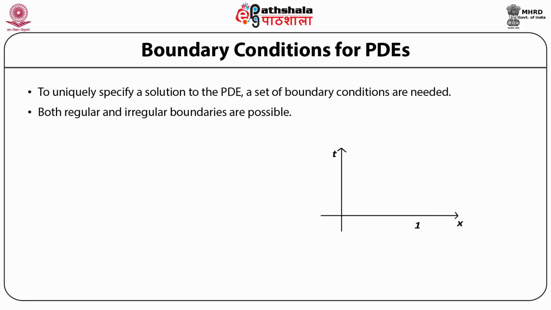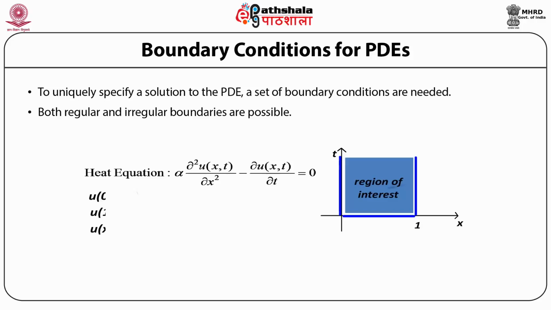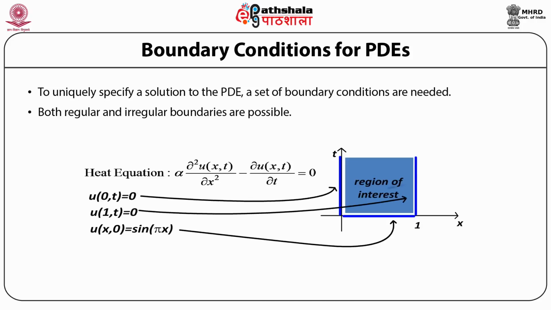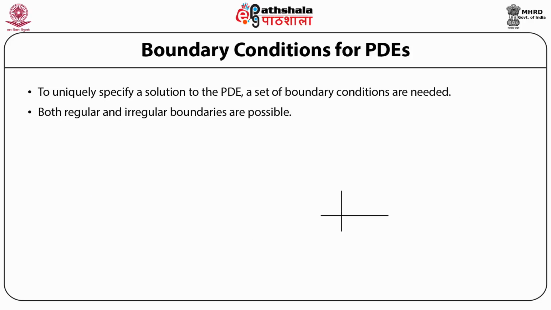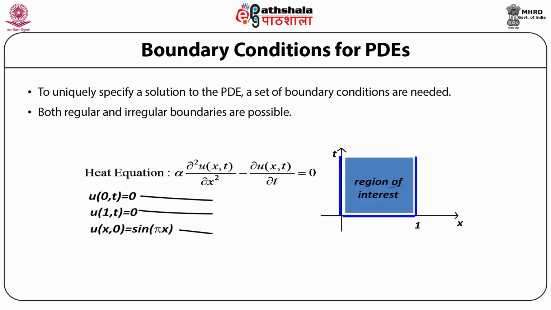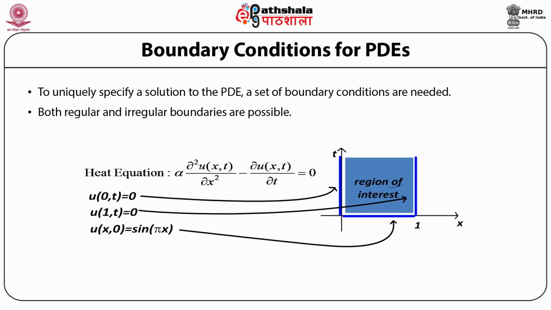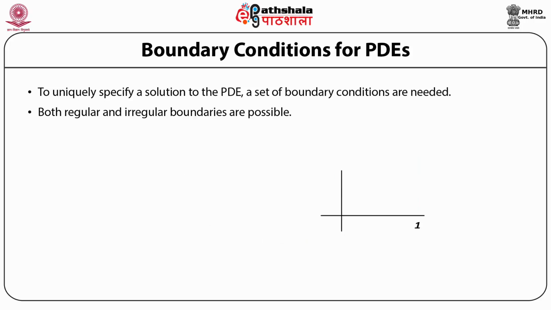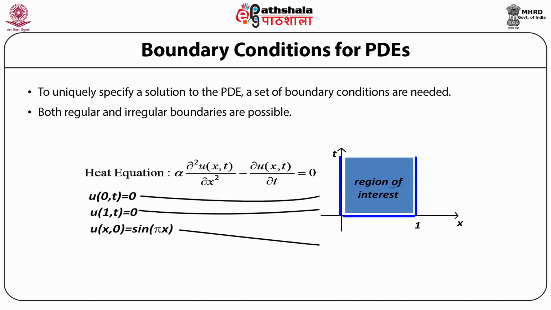However, be careful that the boundary conditions are perfectly set. When you say at time t equal to 0, sin(πx), this is called the initial condition. At time t equal to 0, if you mention any point, whether x equal to 0, x equal to 1, or simply x, meaning all values of x, that is called the initial condition.